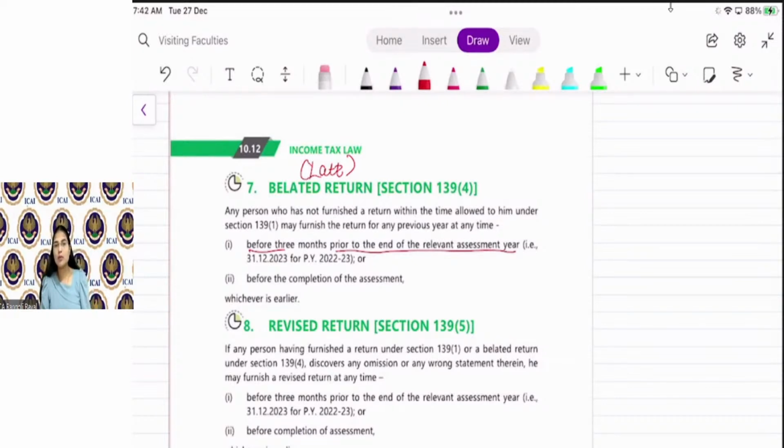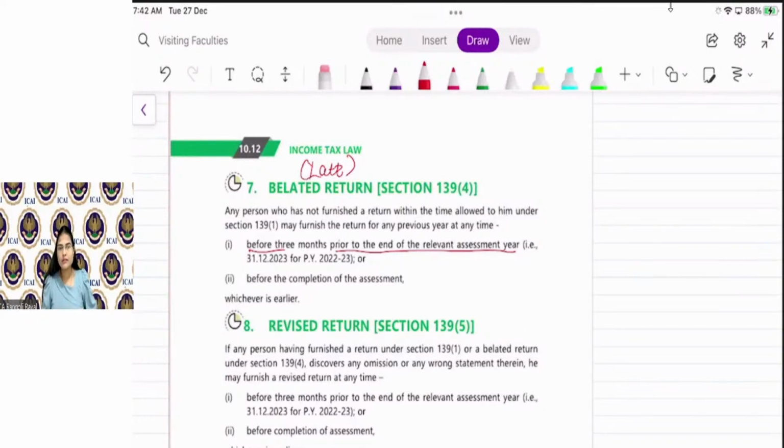So 3 months before the end of assessment year, that is 31st December 23. So again, there is 4 days left for late filing of return. So if any member of your family has not filed their return of income till date, they have a chance to file their return of income up to 31st December.